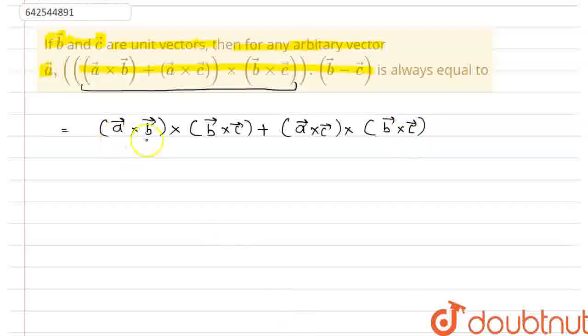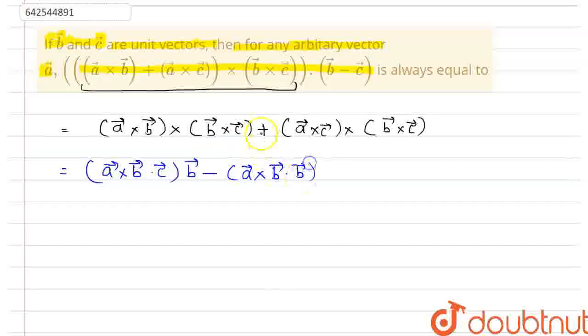Now we know that this will be equals to a vector cross b vector dot c vector times of b vector minus a vector cross b vector dot b vector times c vector. And then for this we will have plus a vector cross c vector dot c vector times b vector minus a vector cross c vector dot b vector times c vector.